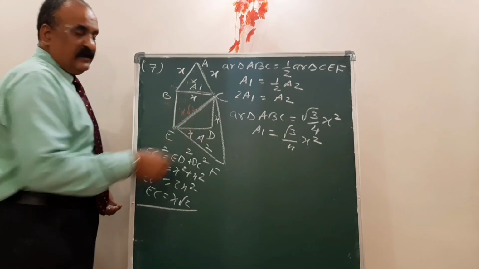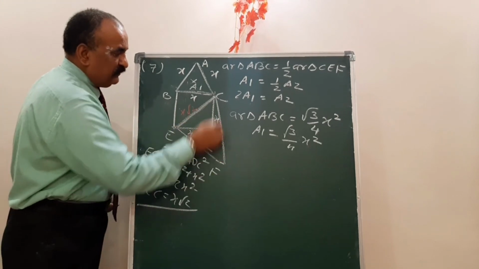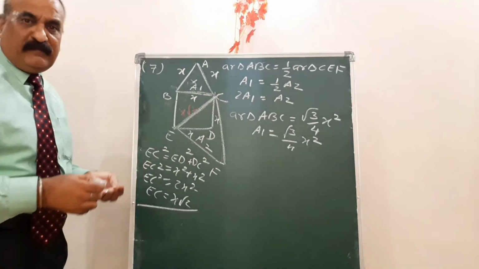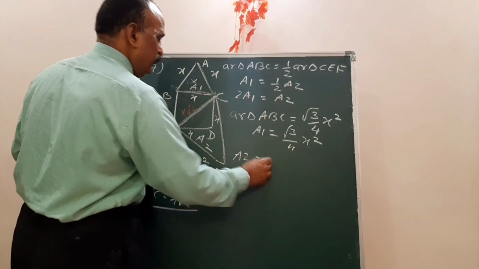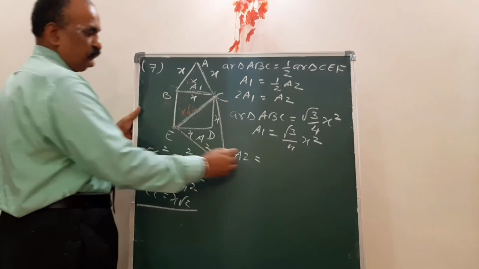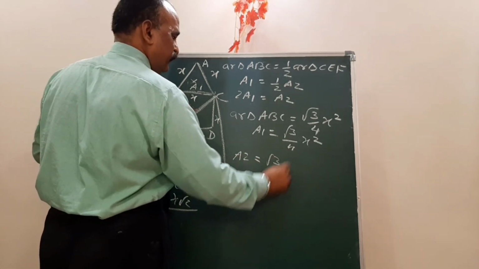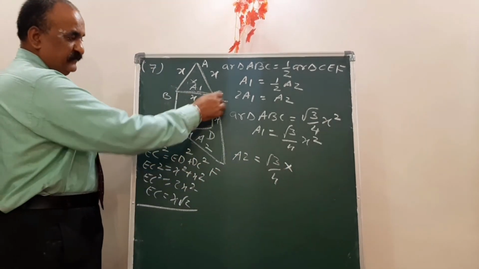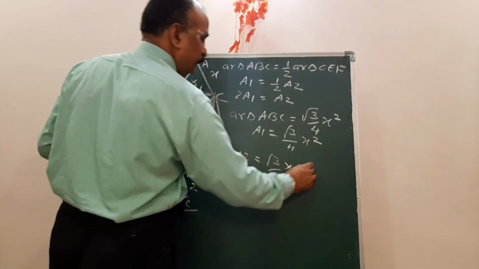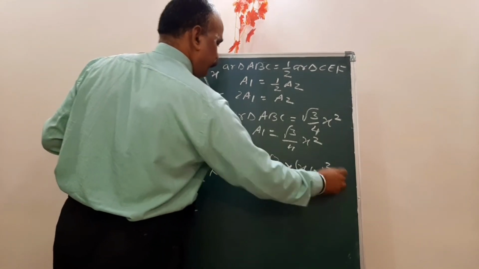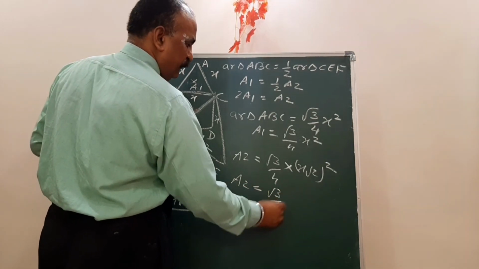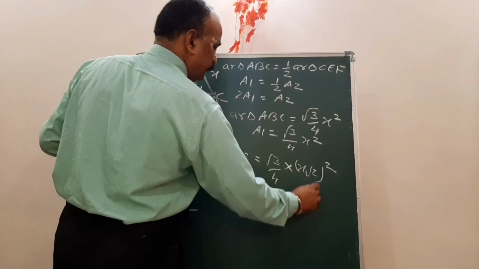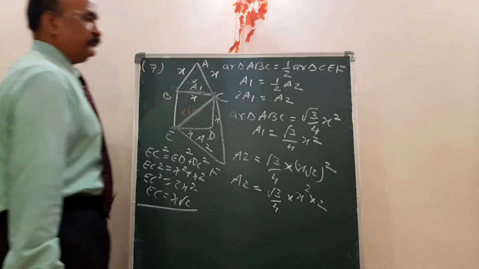तो इस ट्रायंगल का एरिया कितना हो गया? ये भी इक्विलेटरल ट्रायंगल है, तो इसका एरिया क्या हो गया? √3/4 इंटू साइड स्क्वायर. इट मीन्स A2 इज इक्वल टू √3/4 into side square, and side will be this. So A2 is equal to √3/4 into x square into 2.